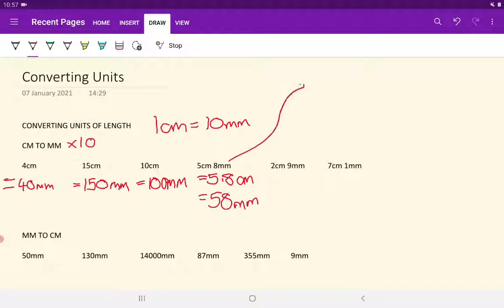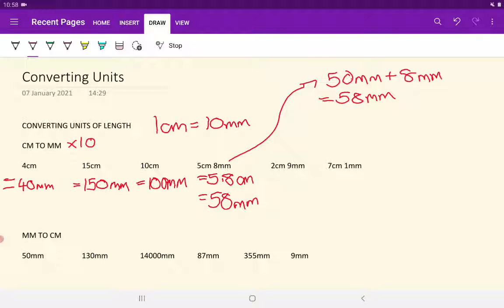Or, and I'm going to draw up here just for space, the 5 centimetres would be 50 millimetres if we times it by 10, but then we would have to add on 8 millimetres, and that's why we would get 58. So two different ways to think about it. You pick whatever way works for you, whatever way you understand best.